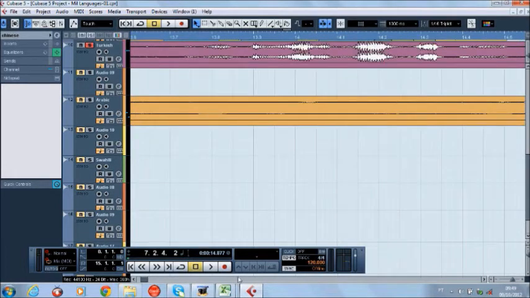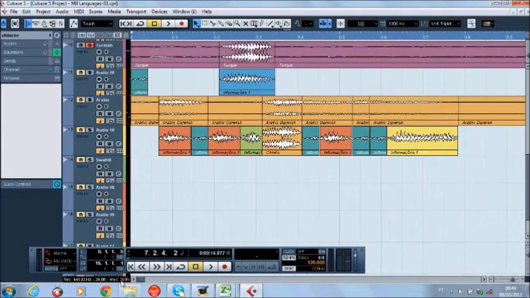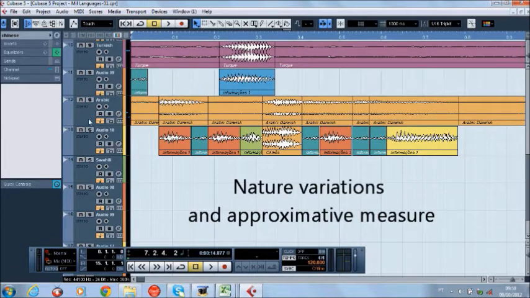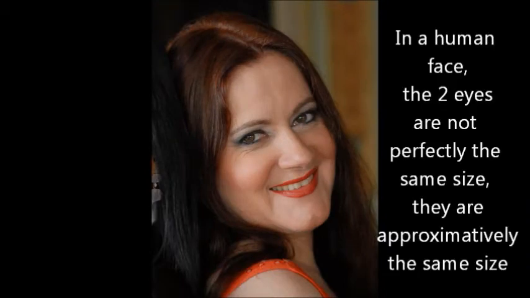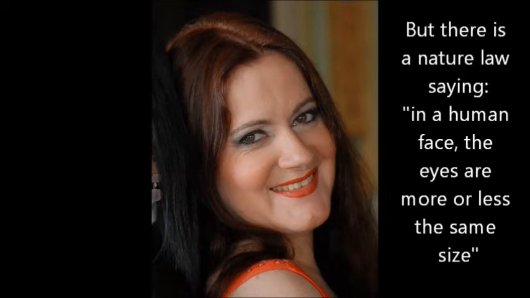Nature is really perfect. Well, nature, we may say nature has variation. Of course, in a human face, for example, we may say the two eyes have the same size. But we all know that the two eyes don't really have the same size. It's not perfect. But there is a law.